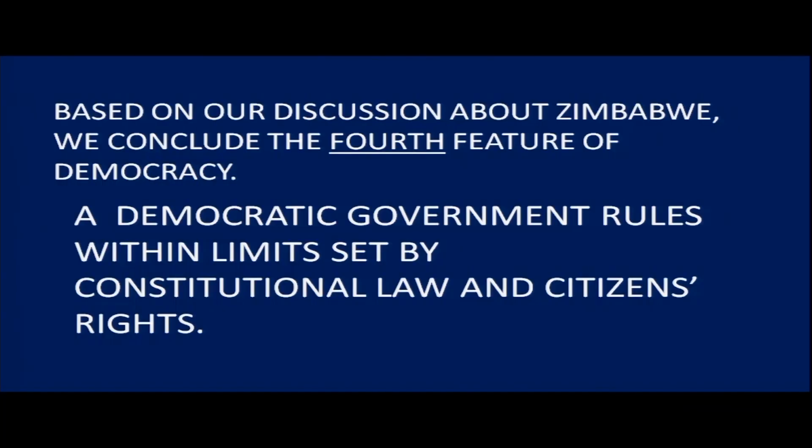Based on our discussion about Zimbabwe, we conclude the fourth feature of democracy, that is, a democratic government rules within the limits set by constitutional law and citizens' rights. If the government does not rule within the limits set by the constitution, the government will become absolute.